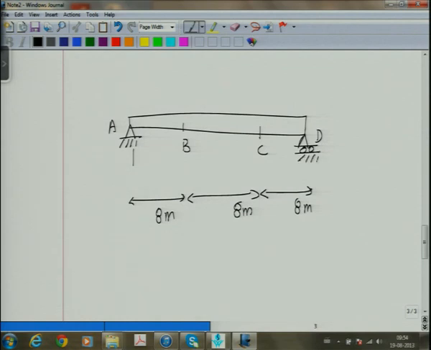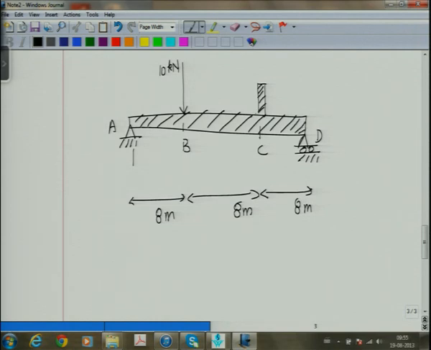So AD is a beam, B and C are just 2 points, there is no joint or anything. Now at B we have a 10 kilonewton force acting like this. At section C we have a small section which is protruding from the beam, which is welded to the beam.